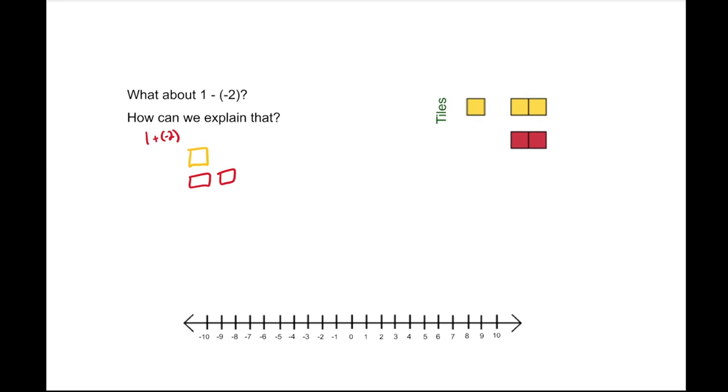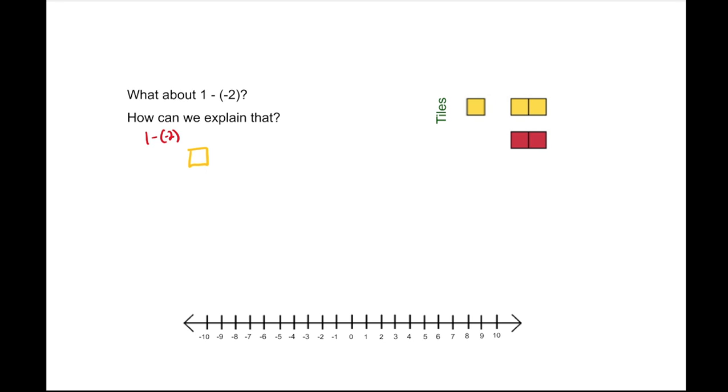But we want to subtract negative 2. So you could think of this as a double negative, minus 2, or minus negative 2. And what does a double negative really mean? So if you're told don't not do that, that means do it. Right?